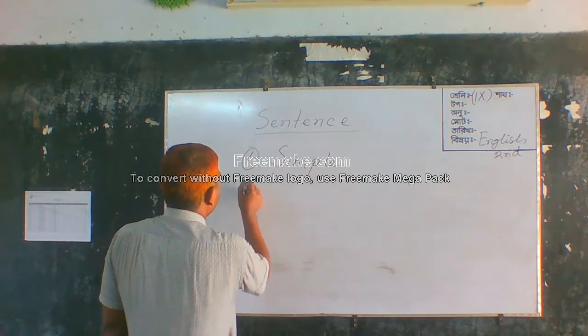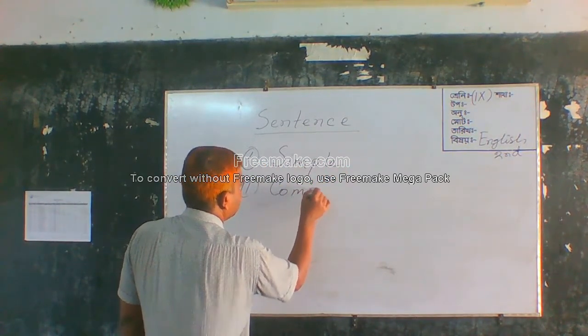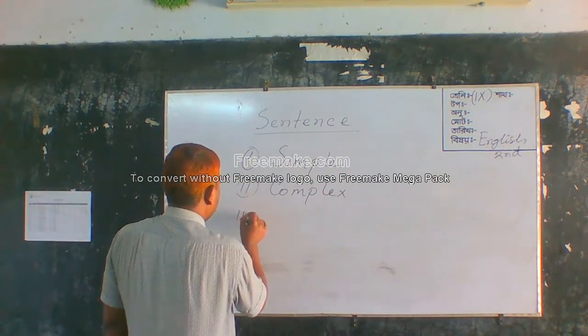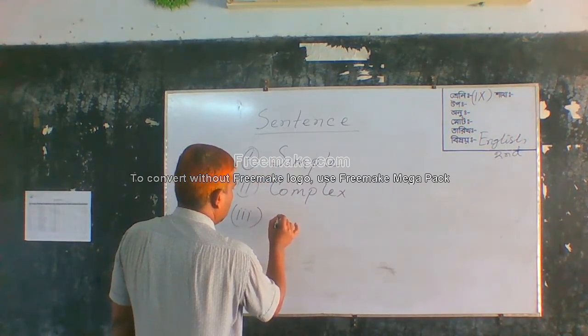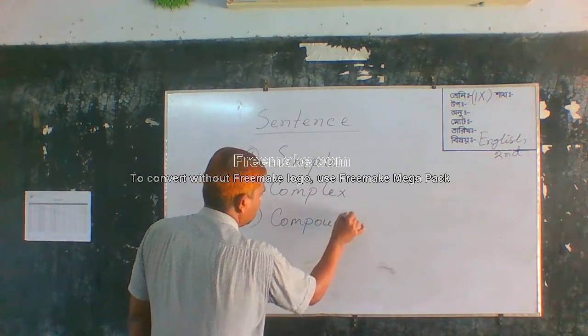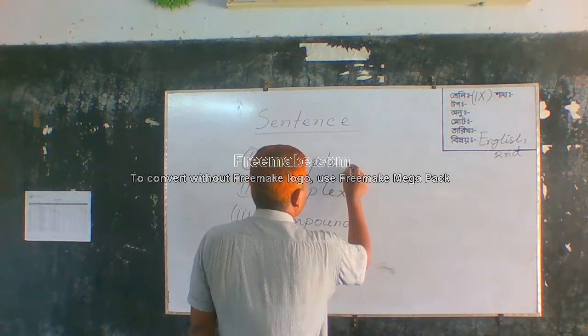Two, complex. Three, compound. Simple. What is simple sentence?